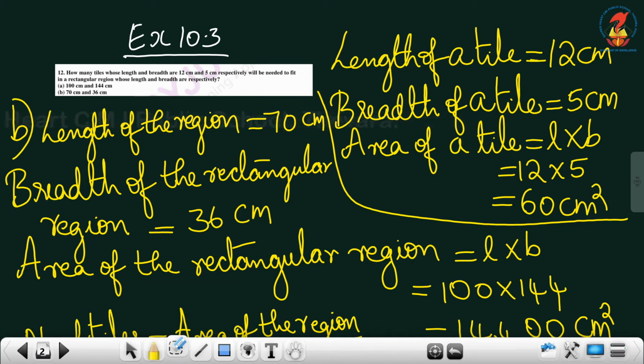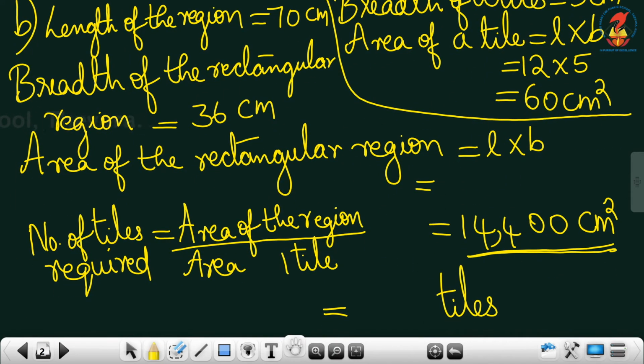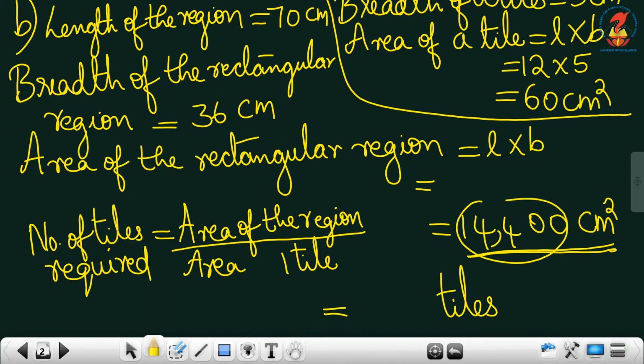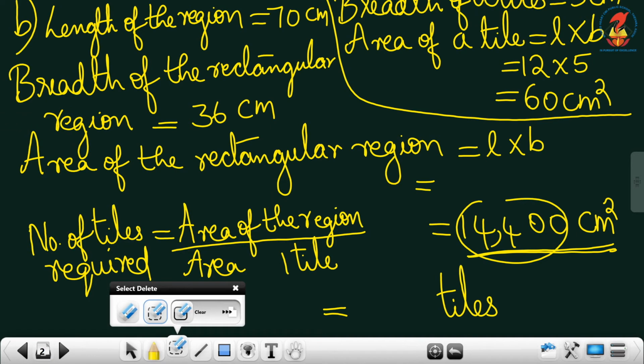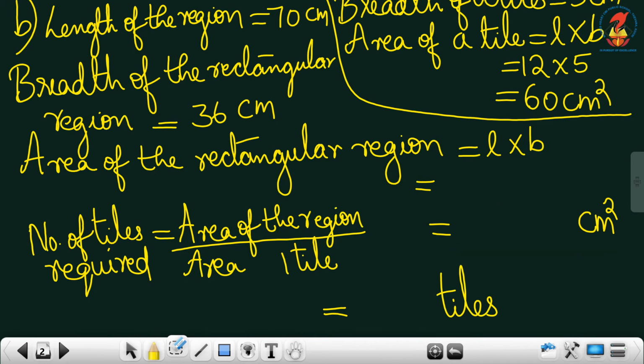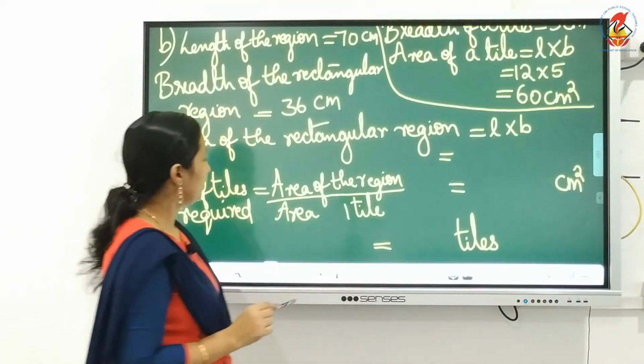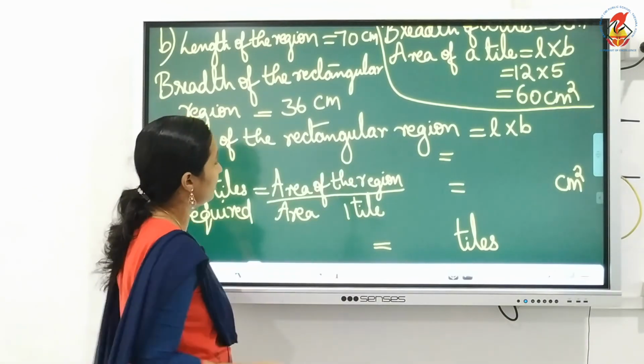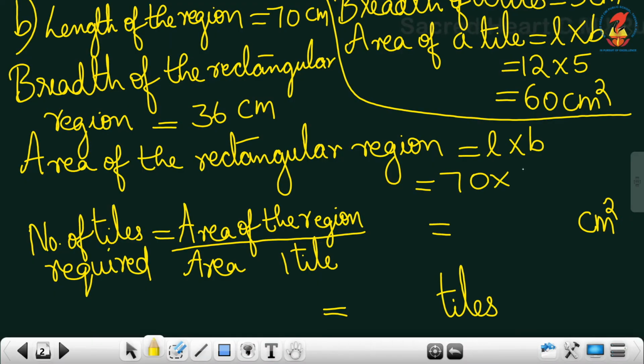I told you, if you know the length and breadth, you can easily find the area. Same step, same method. So how will we find it? 70 into 36.